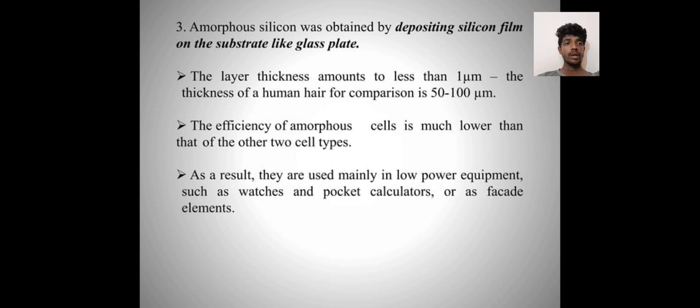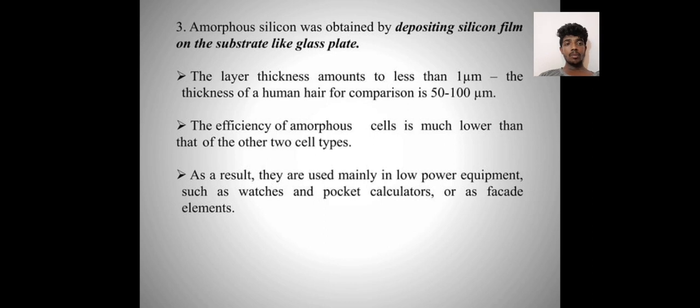Amorphous silicon is obtained by depositing a silicon film on a substrate like a glass plate. The layer thickness is less than 1 micrometer, compared to the thickness of a human hair of 50 to 100 micrometers.